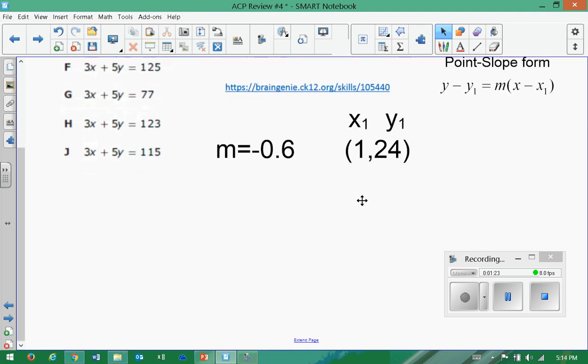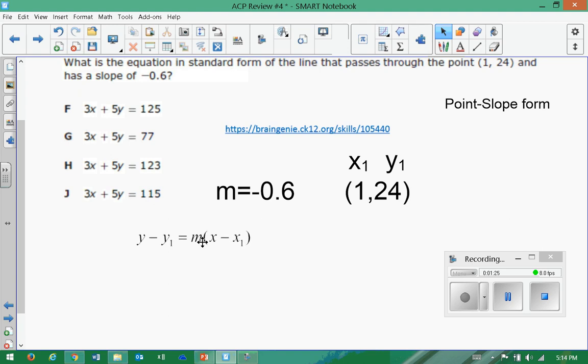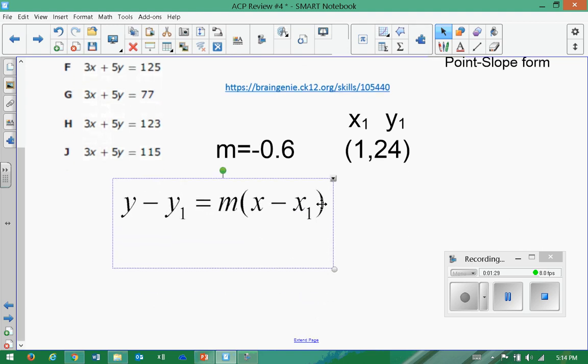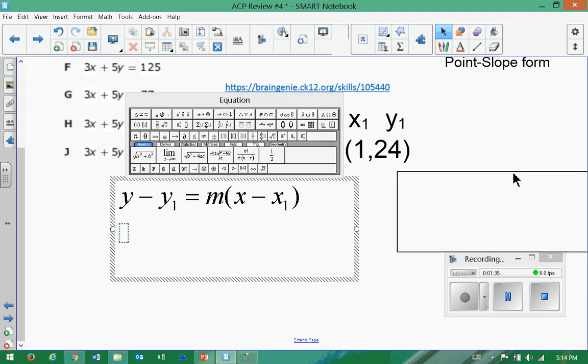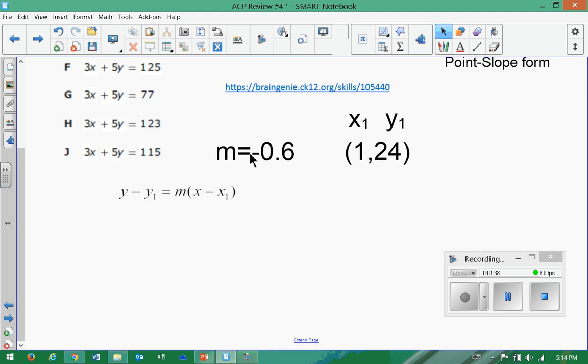Okay. All right, so what does our point slope formula actually look like? Well, let's go ahead and substitute in the formula using pretty much the information that we're given here.